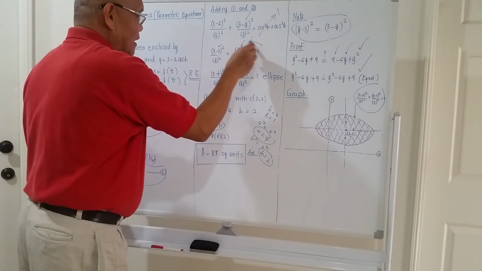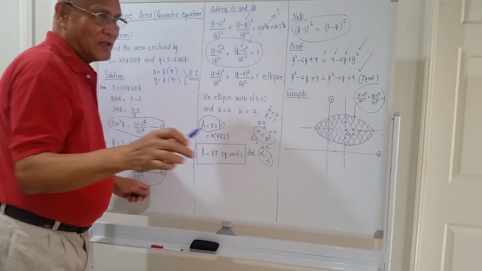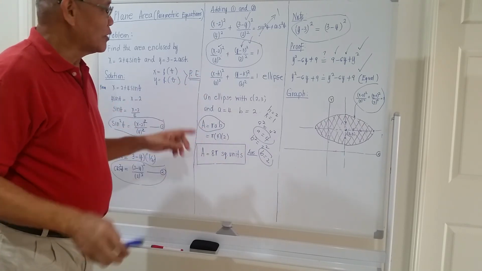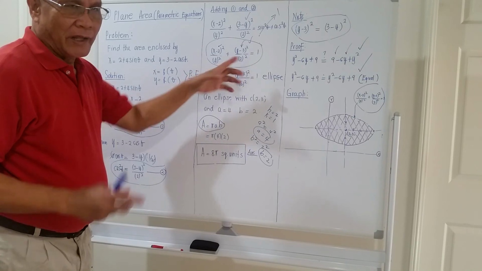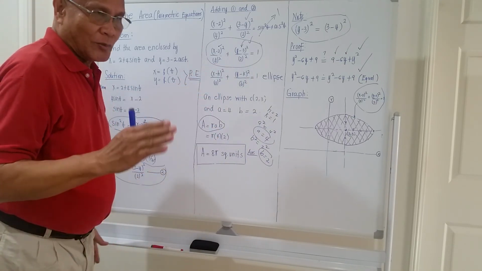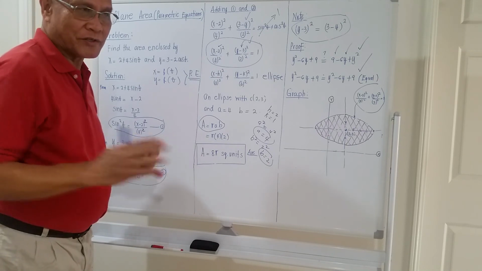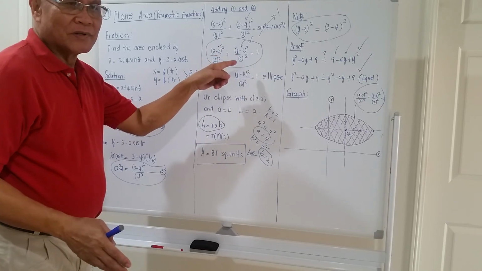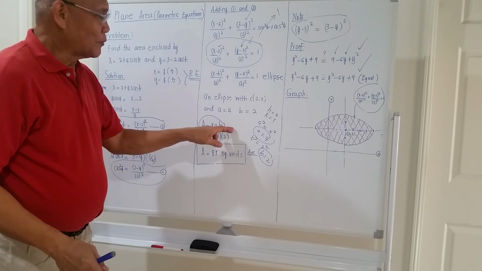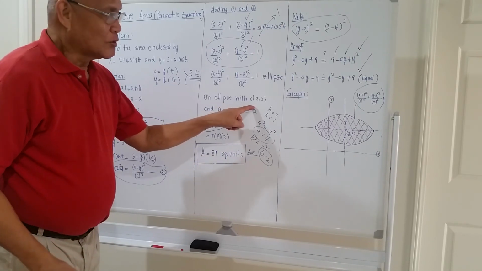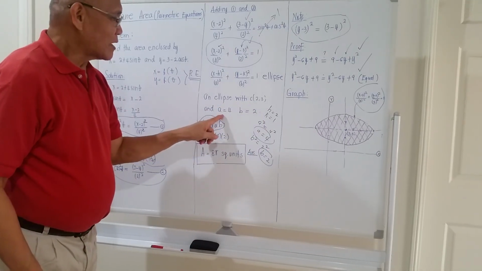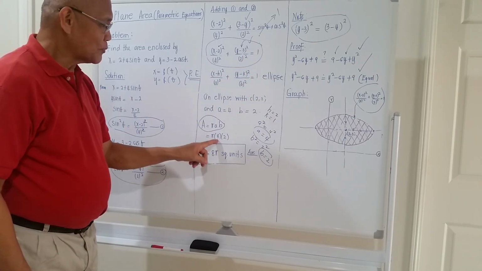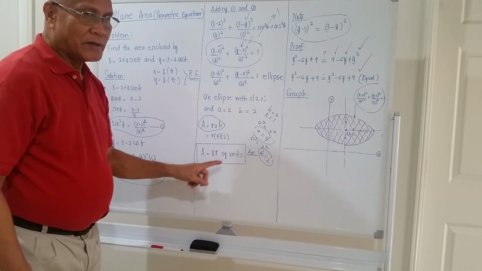What comes out now will be an equation involving x and y, and you should visualize it. Will it be a circle, an ellipse, or any other thing? Since this is an ellipse, we now know a equal to 4, b equal to 2. We know the center. We know the major axis to be 4, minor axis to be 2. So the area will just be pi AB, pi times 4 times 2. Area will be 8 pi square units.